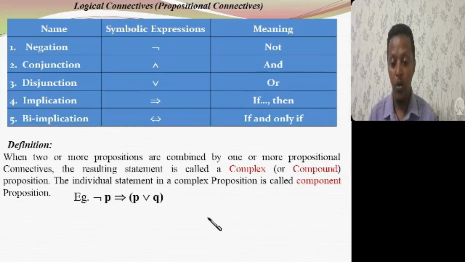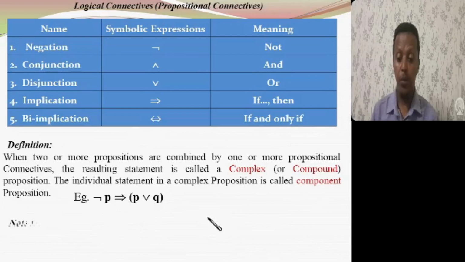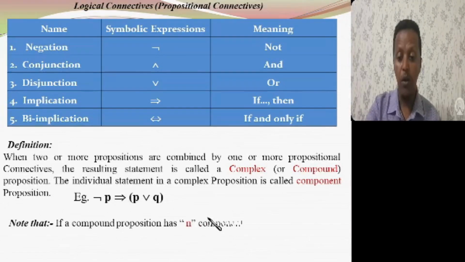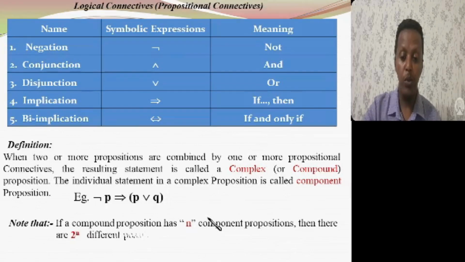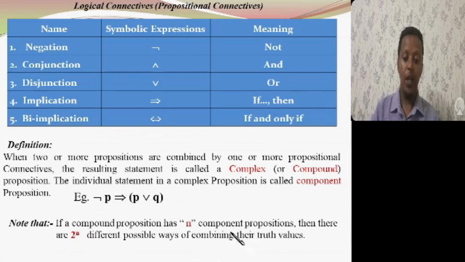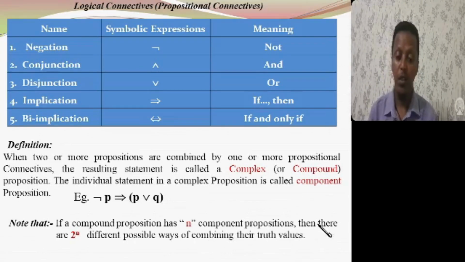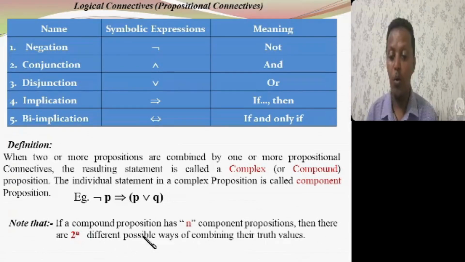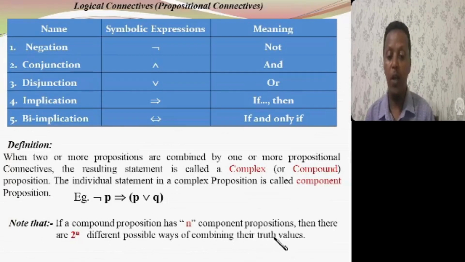P and Q together with the propositional connectives, negation, implication, and disjunction, the whole statement we call a complex or compound proposition. Now if a compound proposition has n component propositions, then there are 2 to the power of n different possible ways of combining their truth values.